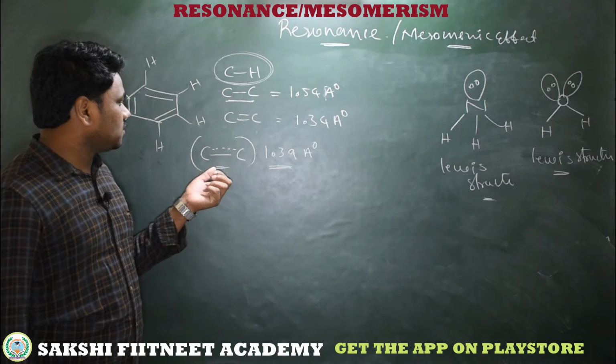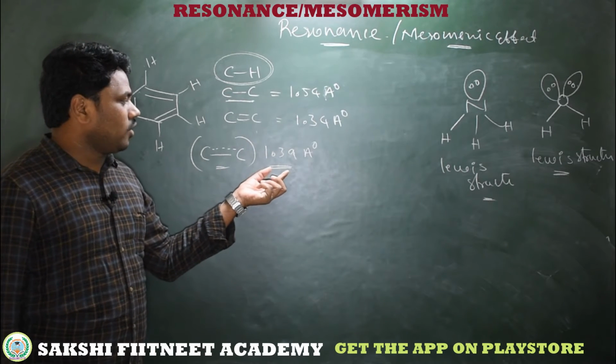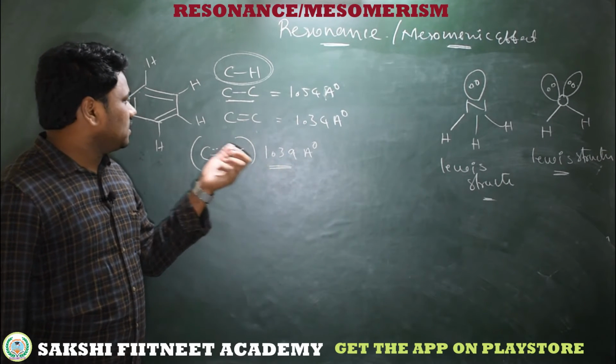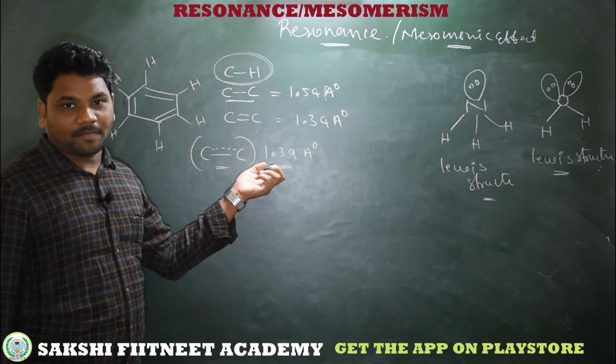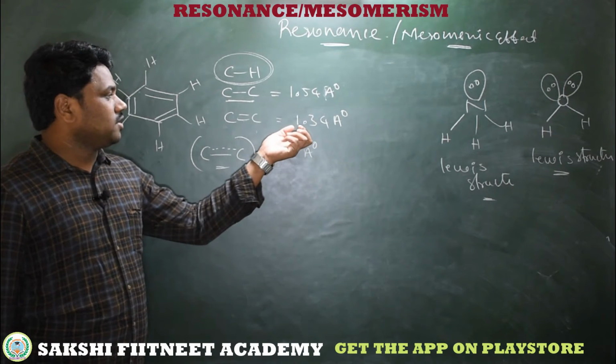What is the bond length of this intermediate? It becomes 1.39 angstroms. So why does this compound give such data, instead of 1.54 angstroms and 1.34 angstroms?